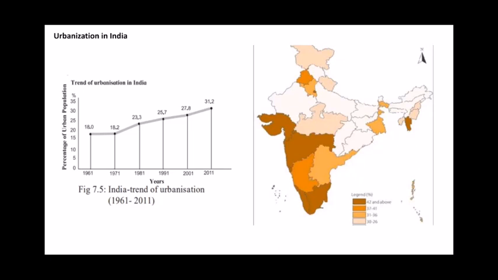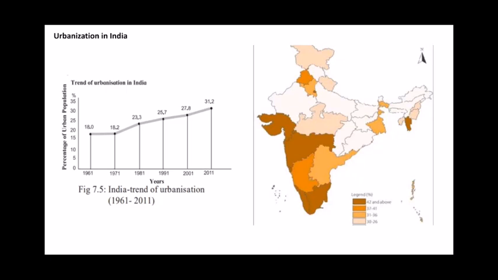That was the decade when urbanization grew by a very large percent. It grew a lot in that 10 years. And the decade in which the growth of urbanization in India was lowest was 1961 to 71. You can see that in the graph. From 18.0, it just went up to 18.2 in 1971.